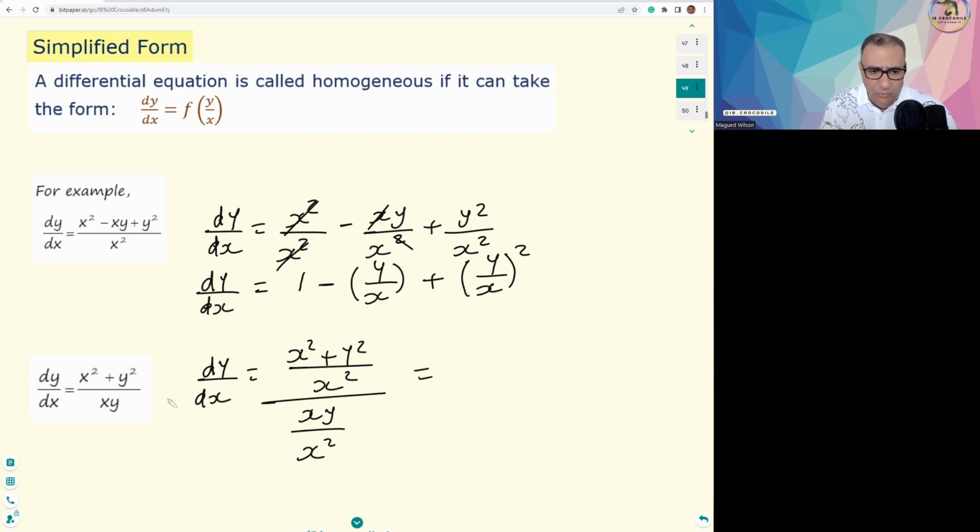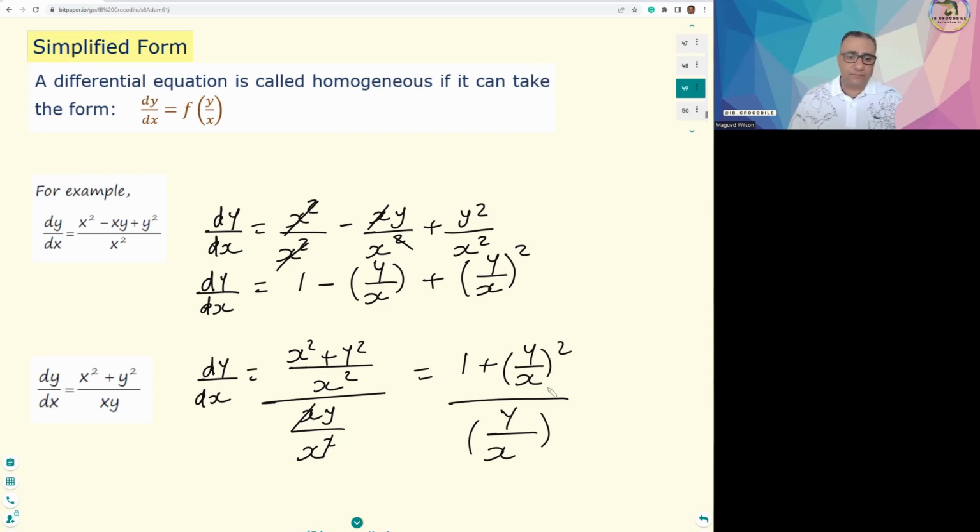So then you will end up with, on the numerator, 1 plus y on x all to the power of 2. Okay, I just split here. Positive, so we have x squared over x squared is 1, and then y over x all to the power of 2, right? And then at the denominator here I can cancel the square with the x up here, so we end up with y on x. Again, I could rewrite it as a function in y on x, so this is a homogeneous differential equation.